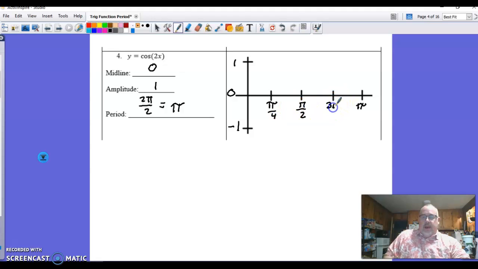That would be 3 pi over 4. And again, cosine starts at the maximum, midline, minimum, midline, maximum. And there's the curve. There you go. And again, that's half as long as the one that we just did. All right, let's move on to number 5 then.